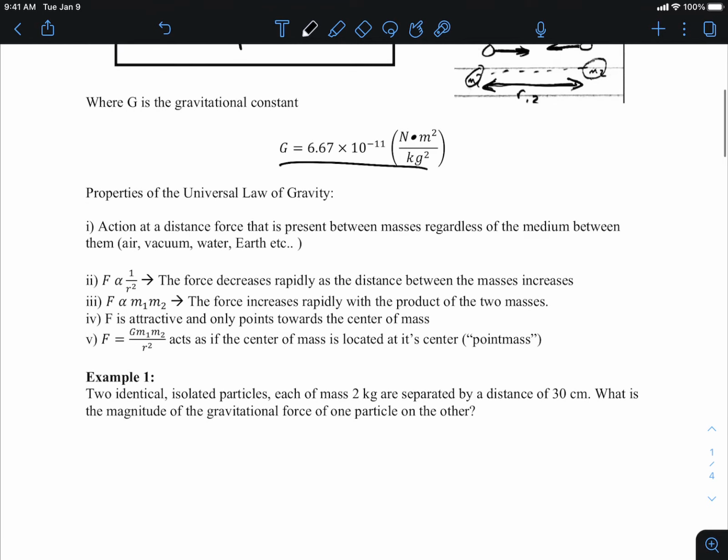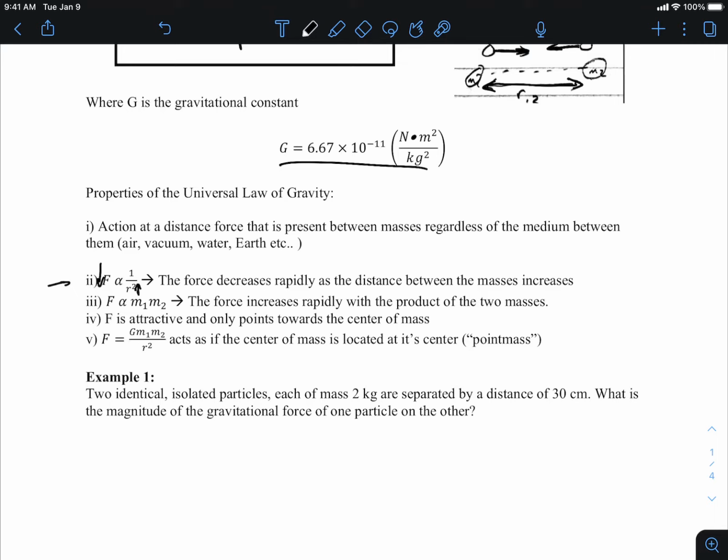And we see here, just mathematically, the proportional statements. The force is proportional to 1 over r squared. That indicates that it's inversely proportional. So if we increase the radius, we see a decrease in the force, and that's what's put into words beside.